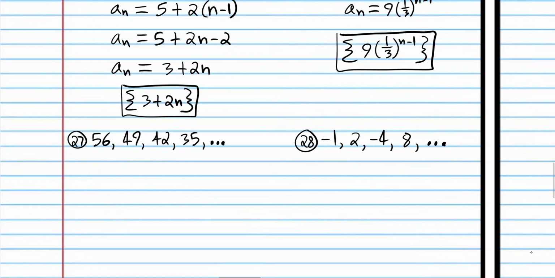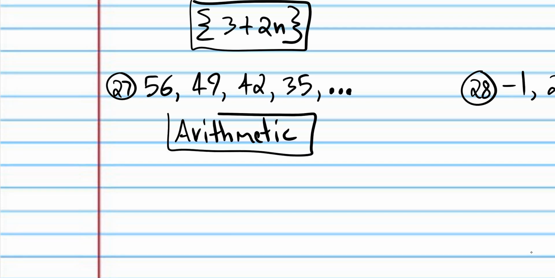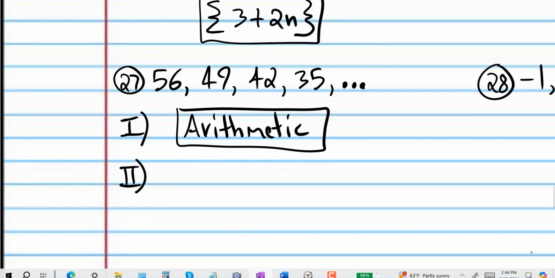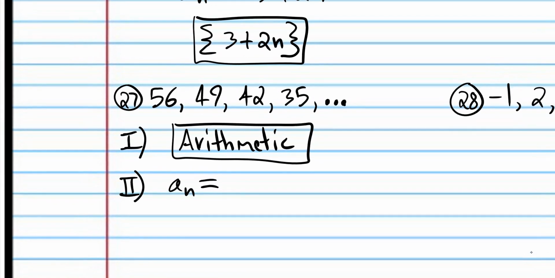Alright, let's try a couple more of these. We have another arithmetic sequence. So that's step 1. We have to identify the type of sequence. Step 2 is to find the nth term, or write an expression representing the sequence, which we call the nth term.